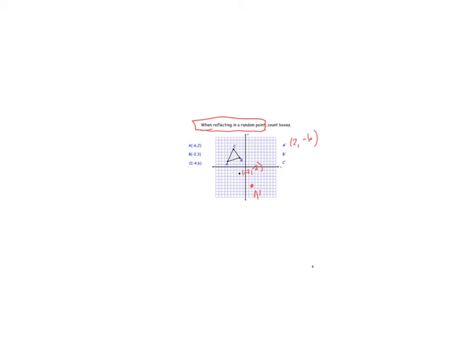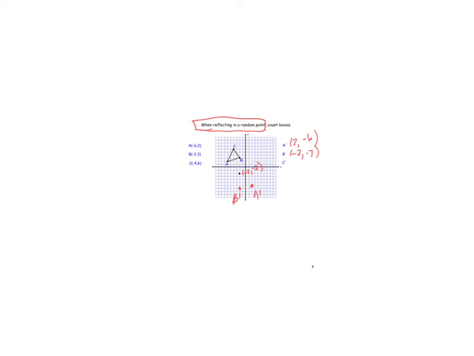Okay, and now I'm going to take B, and I have to go 1, 2, 3, 4, 5 down, not over, just 5 down. And that's my B prime, which is (-2, -7).